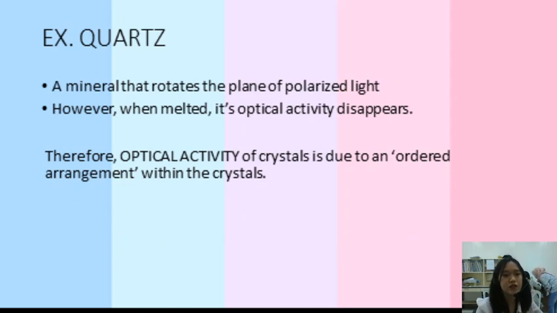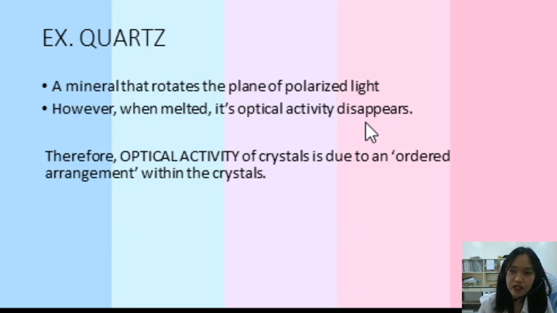For example, your quartz. So, your quartz is a mineral that rotates the plane polarized light. So, meaning your quartz is an optically active substance or solution. However, when you melt the quartz, its optical activity disappears.